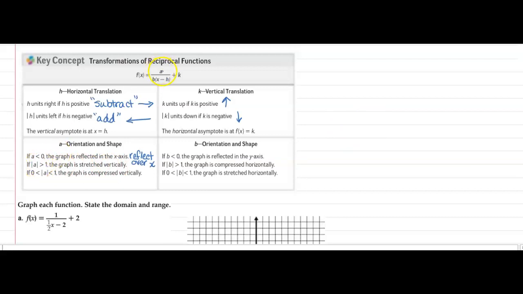If the number up here is bigger than 1, it's going to be a vertical stretch. And if the number here would be a fraction between 0 and 1, it would be a compression. Looking at this value in the denominator, the b value, if we have a number that's greater than 1, it's going to compress horizontally. And if we have a fractional number between 0 and 1, it's going to stretch horizontally.